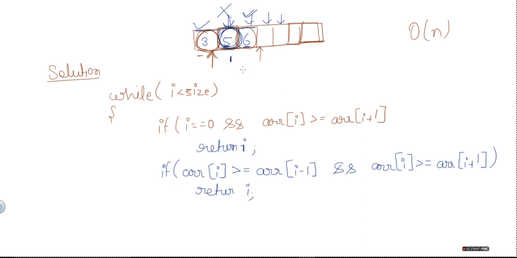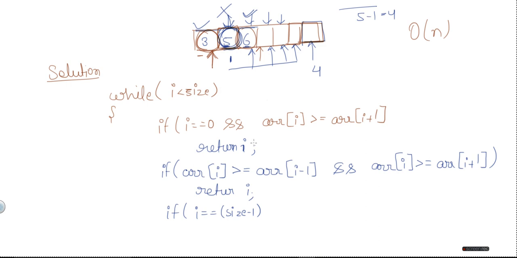Now what we need to do, let's say we have checked all the middle elements and we didn't find our peak element. So at last we have the rightmost element. So if i is equal to size minus 1, which basically means we are currently accessing the last element of the array. What is size minus 1? Let's say the array size is 5, so the last index will be 4. Size minus 1 is equal to 4.